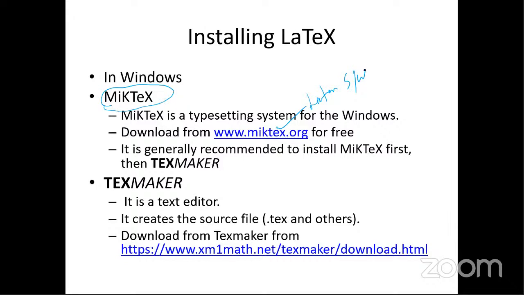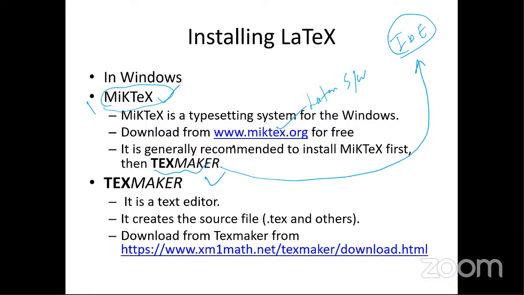Once you have the software, you must also have an IDE, an integrated development environment. One such IDE is TeXMaker. So if you want to practice LaTeX, first you have to install MiKTeX, and then you have to install TeXMaker. Once you install these two, you are ready to practice with the LaTeX word processing tool.